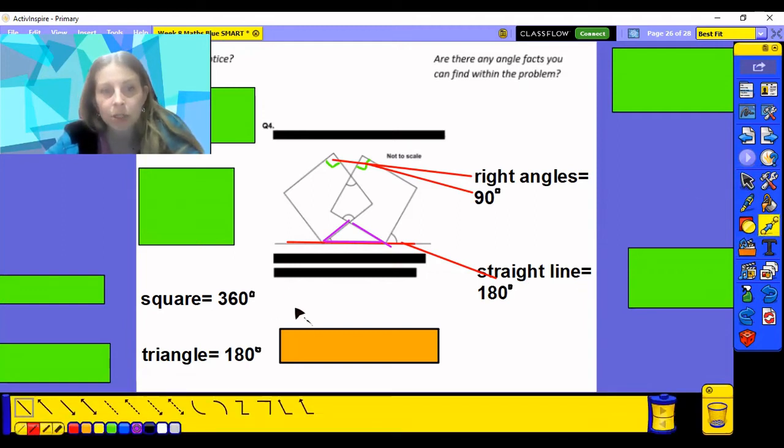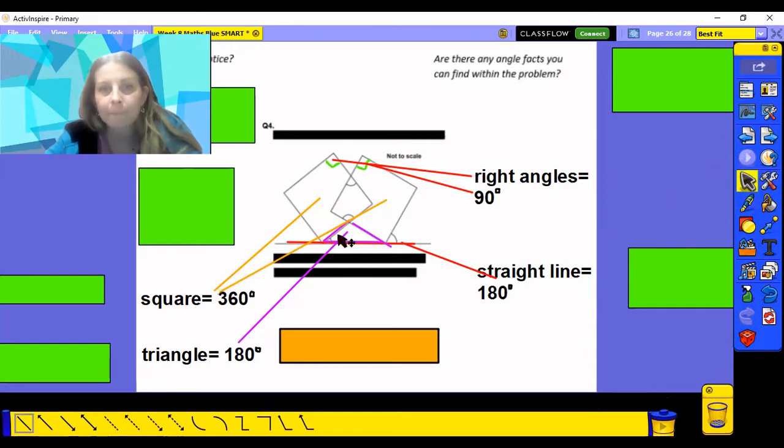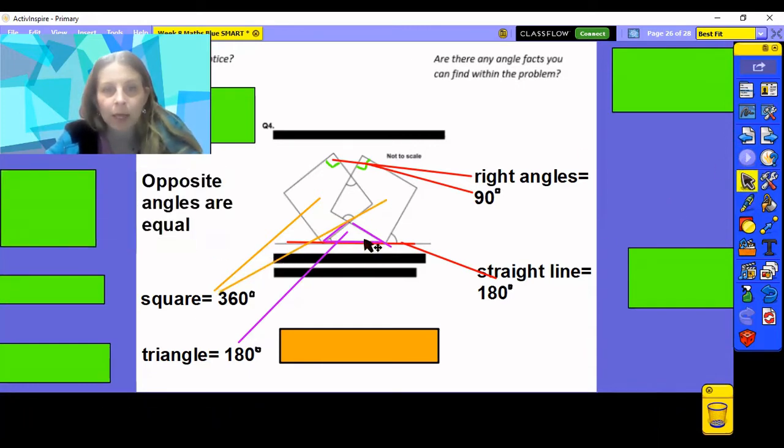We've got our triangles, and we've got potentially some information about these squares that are intersecting across with a shape inside.